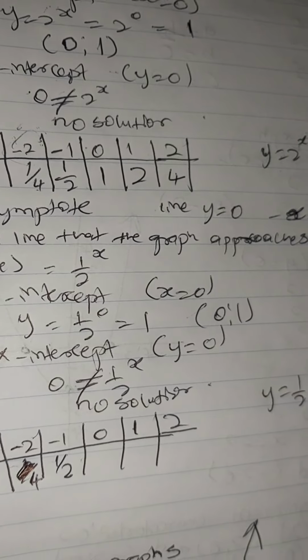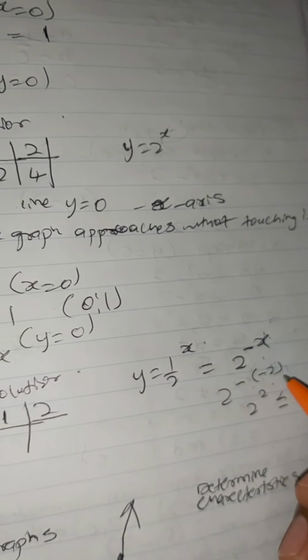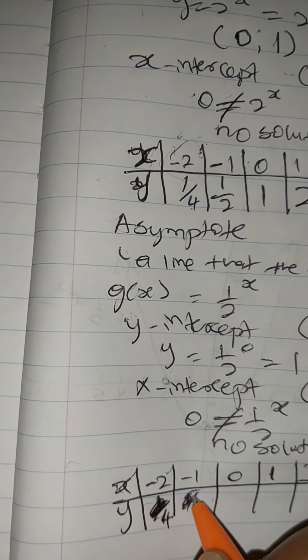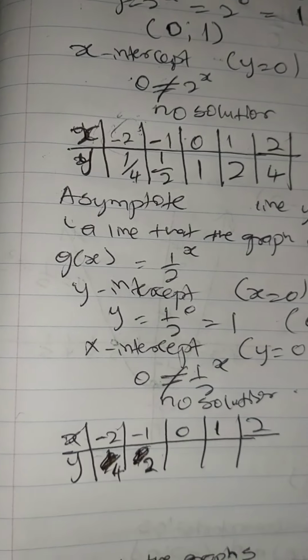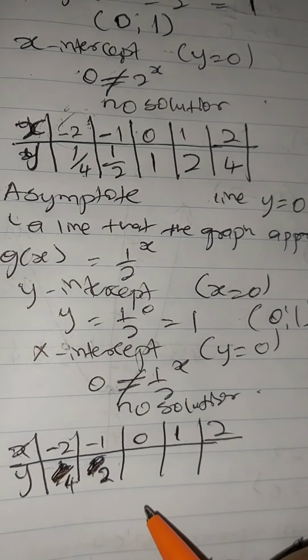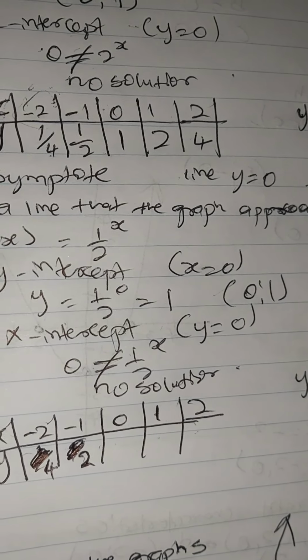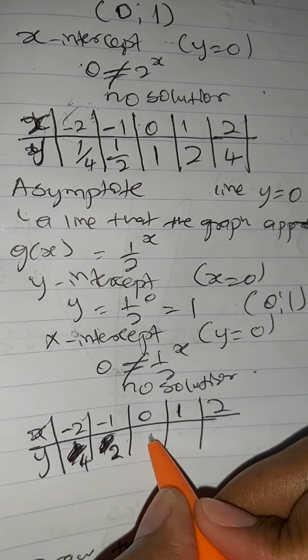Then if you put minus 1, same thing. The minuses cancel. If you put minus 1 here, you're going to have 2 exponent 1. Therefore, you're going to have 2 here, not the half. Then we put 0. If we put 0 here, we're going to have 1.